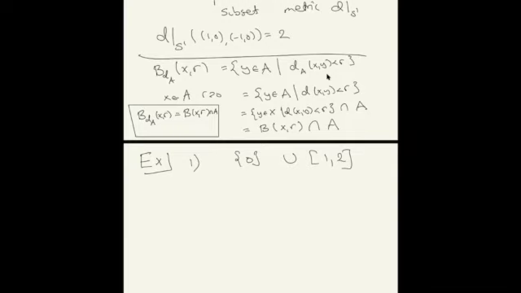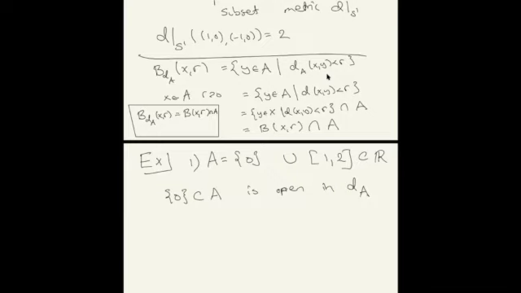So suppose my subset A is {0} union [1, 2], and this is a subset of R. Then {0} as a subset of A is open in the restricted metric d_A.